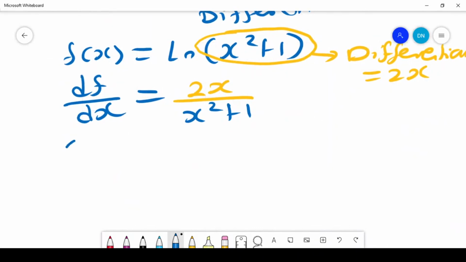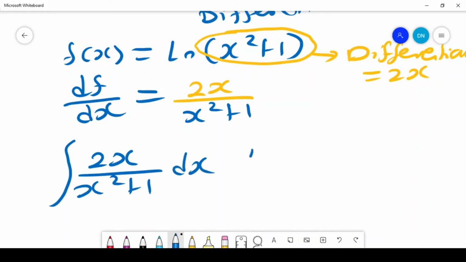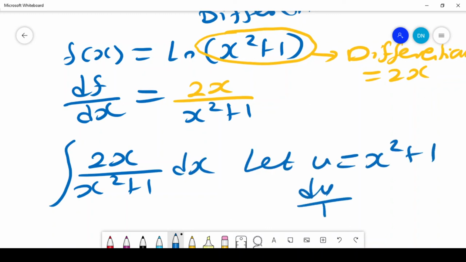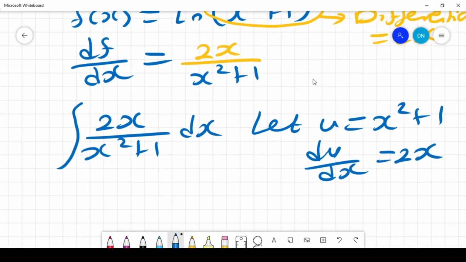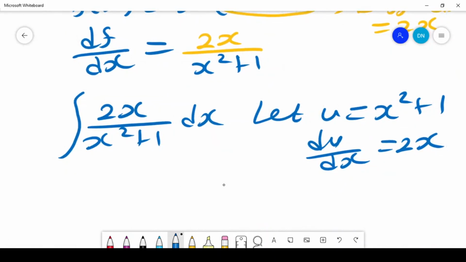If I integrate 2x over x squared plus 1 dx, I let u equal x squared plus 1, and then du dx is equal to 2x. That tells you that my dx is du over 2x.